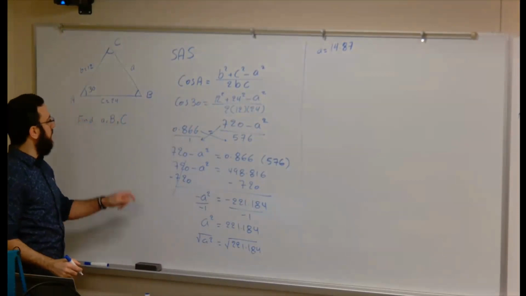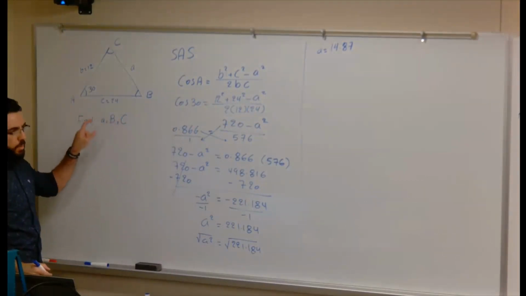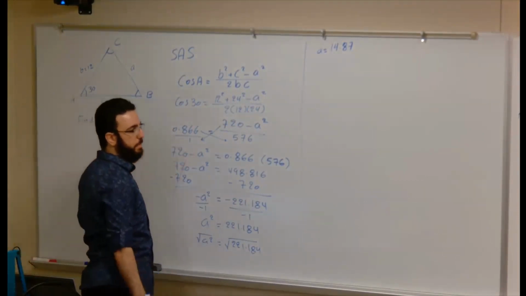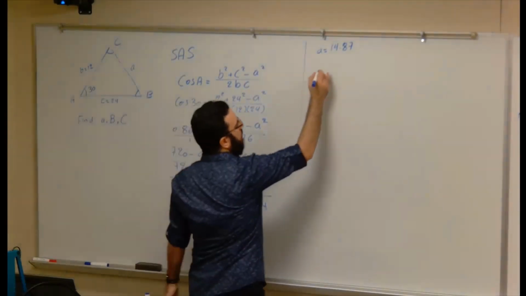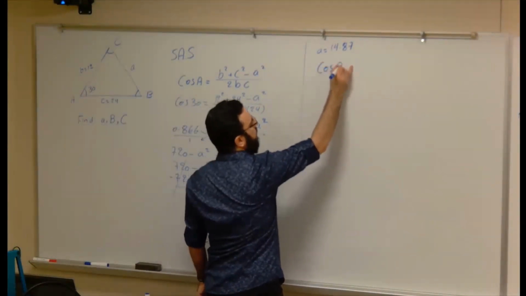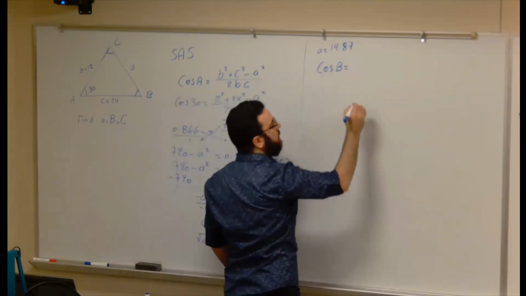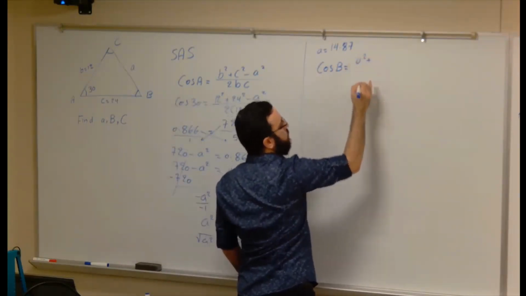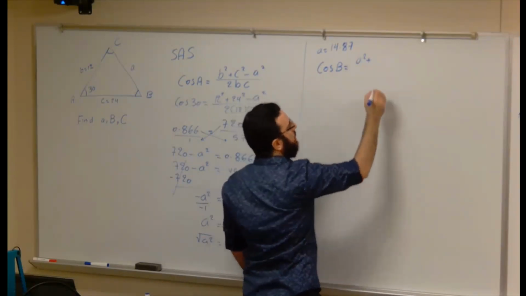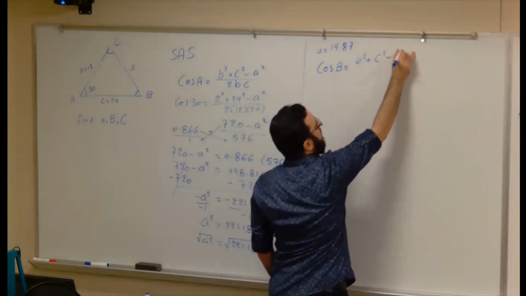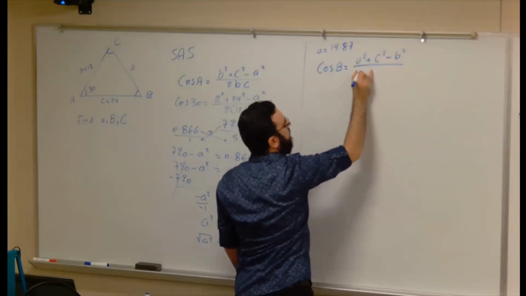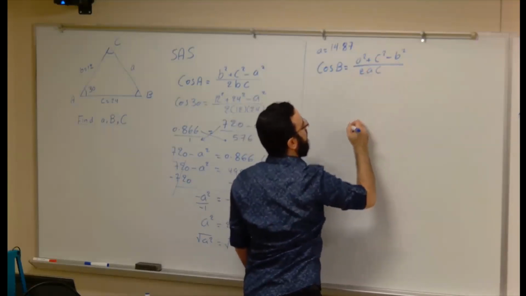Now, what's the next step? We need to find B and C. We're going to go back and use cosine B. So we now have A. Cosine B is going to equal A squared plus C squared minus B squared, divided by 2AC.